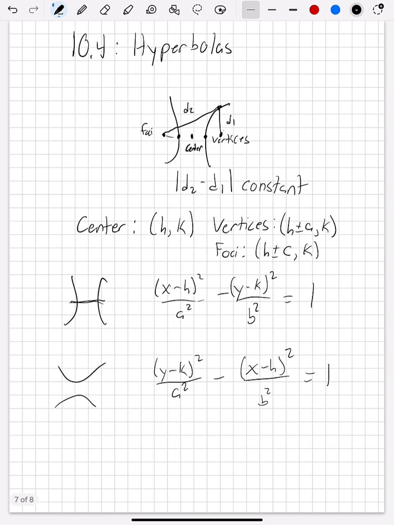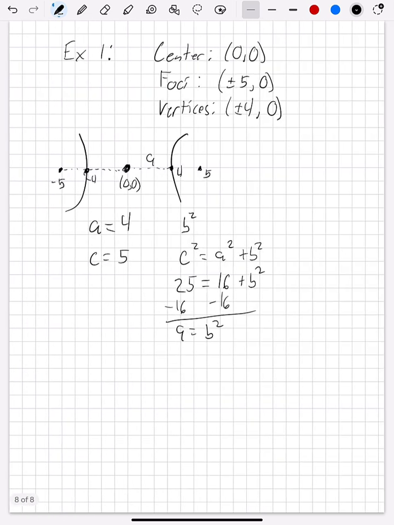So looking back over here, the hyperbola has a horizontal transverse axis, so I'm going to use this first formula. I've got x minus h, which would be the x coordinate for the center.